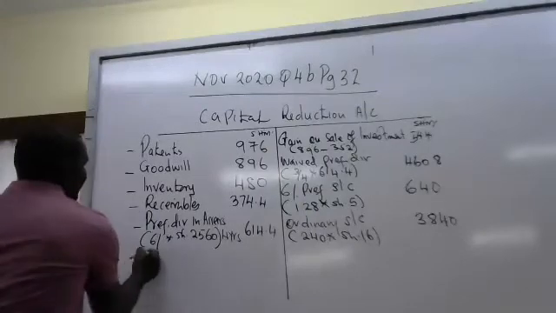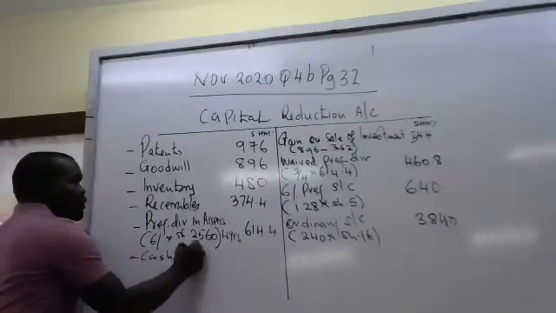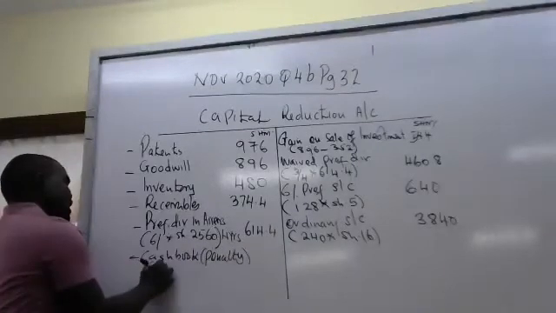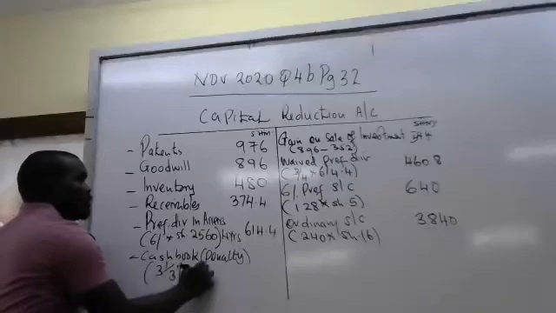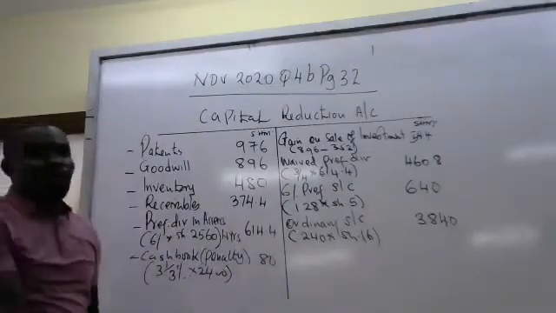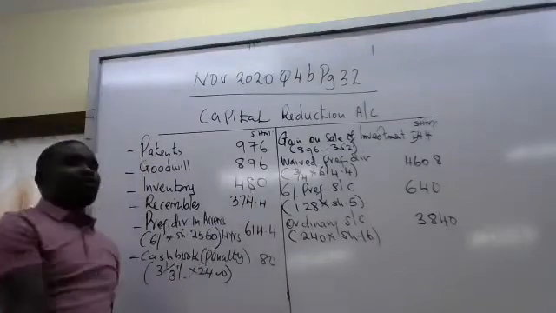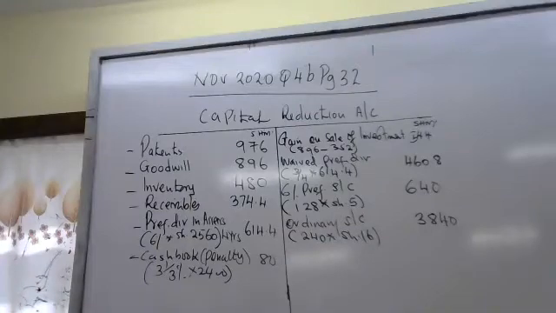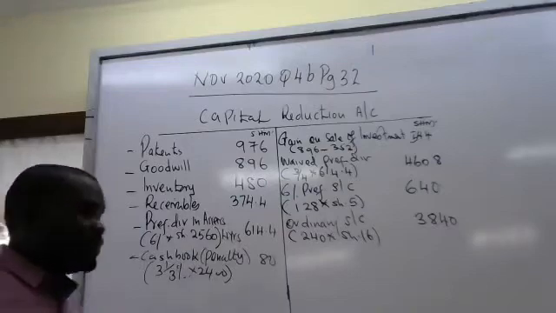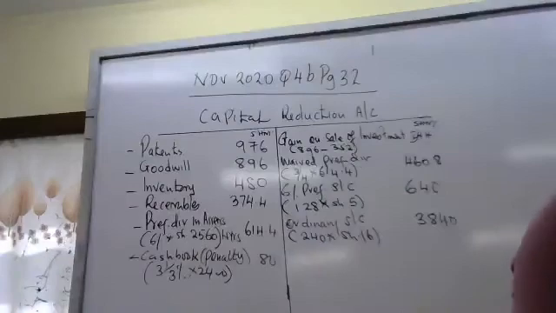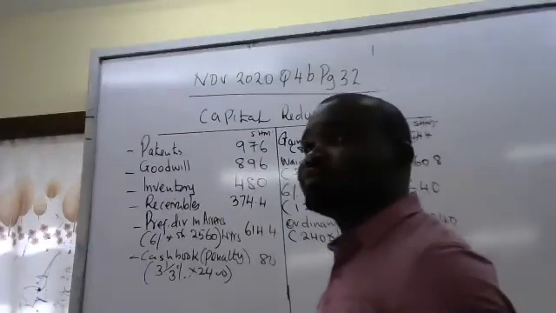So cash book, penalty, 3 1/3% of 2400. That is 80. Good, we proceed.